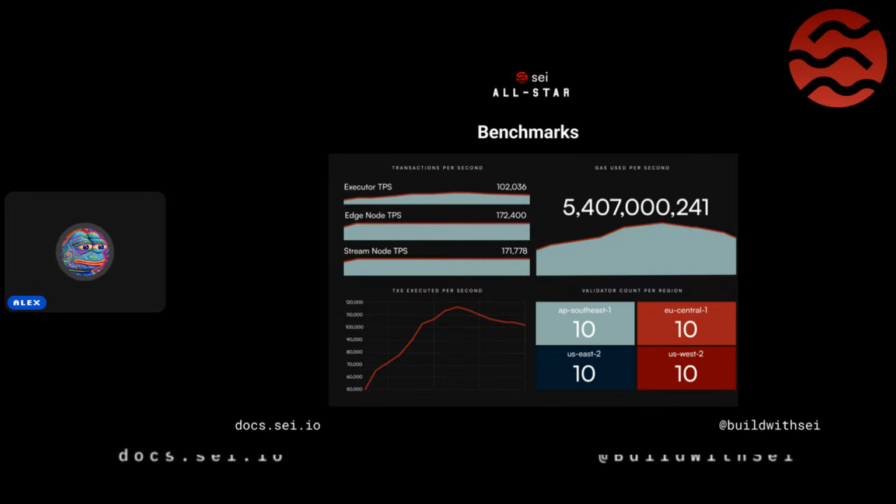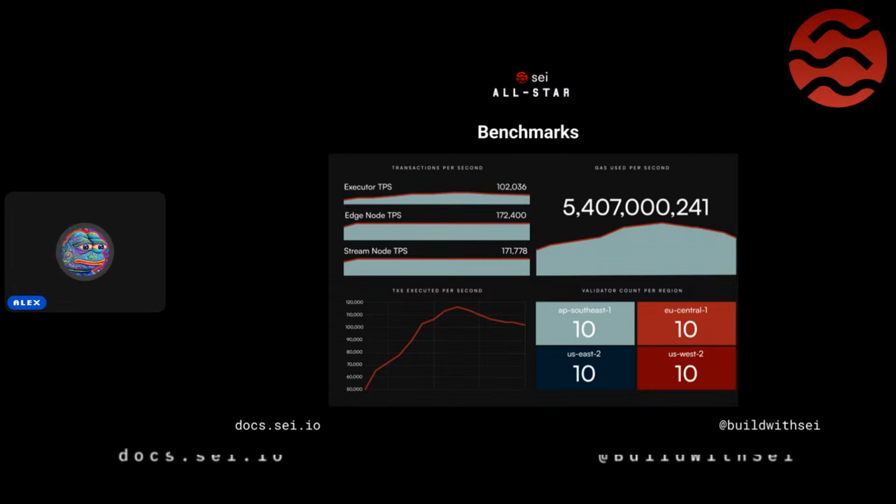So I think that's even one of the most important facts here. It's not even that it's just 5 gigagas per second. It's actually in a committee distributed way where we have a lot of latency introduced and a lot of packet drop introduced. As you can see, the executed TPS, the one that actually executes the EVM transactions, is the slowest because it has to bear so much data from the state.